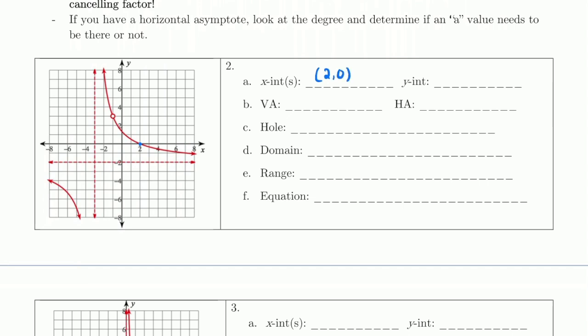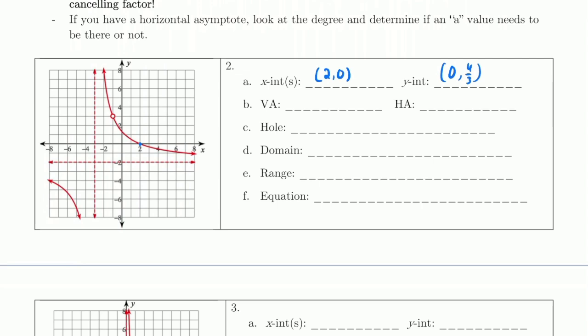And then my y-intercept looks like it's about, right now we can guess, (0, 1 and a third), so that would be 4/3. We'll just keep that one in the back of our head for now, just to double check.